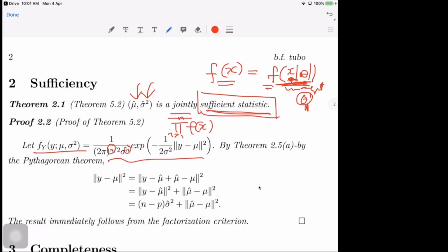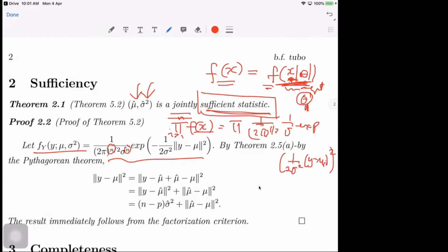So ang kada isa sa atong f of x kay ano ra man na siya? 1 over 2 pi raised to the 1/2, no? And then 1 over sigma. And then exponential of minus 1 over 2 sigma squared, y minus mu i squared, no? So kini sa univariate case.